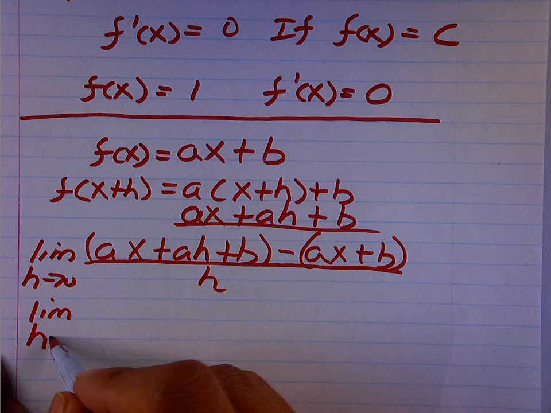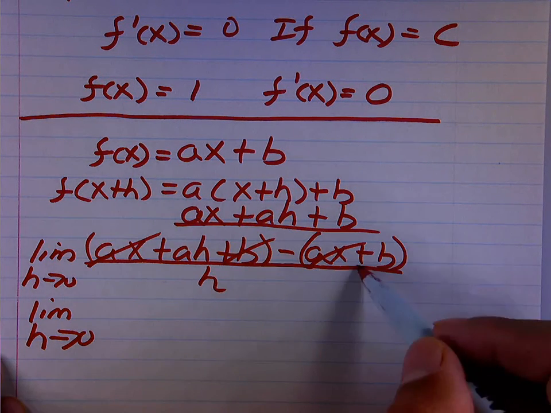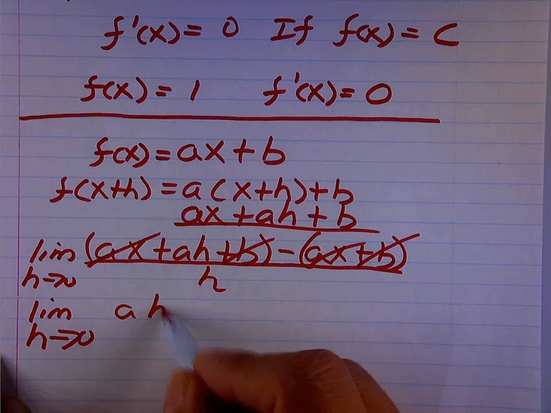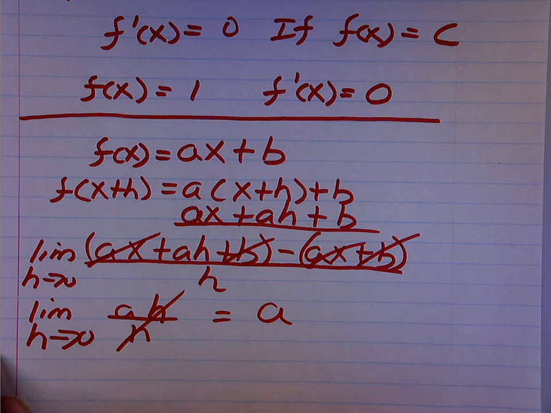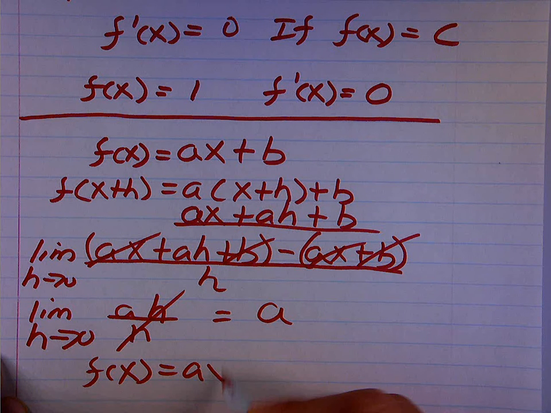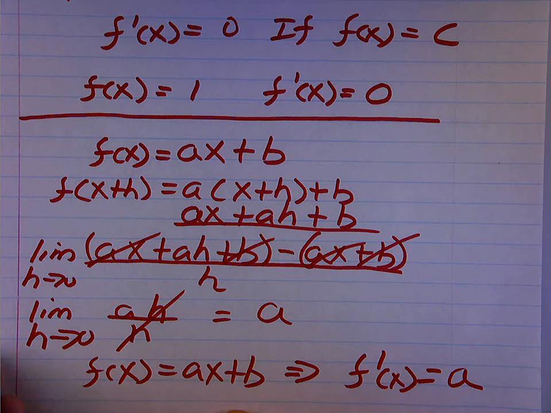I will simplify and combine like terms. ax minus ax, b minus b gives me ah over h, which gives me a. So the derivative of f of x equals ax plus b produces f prime of x equals a. The derivative of a straight line is its slope.